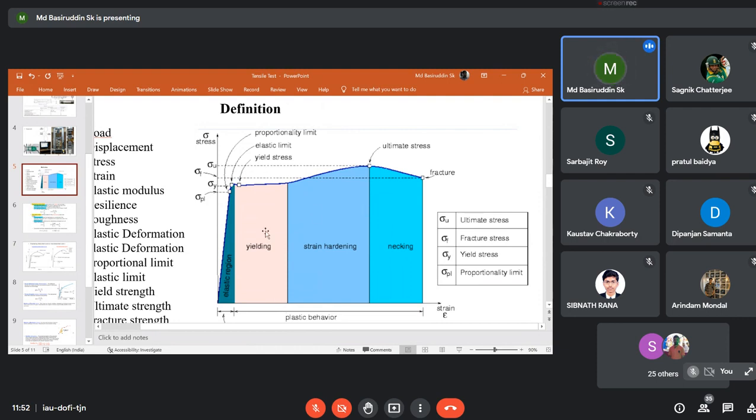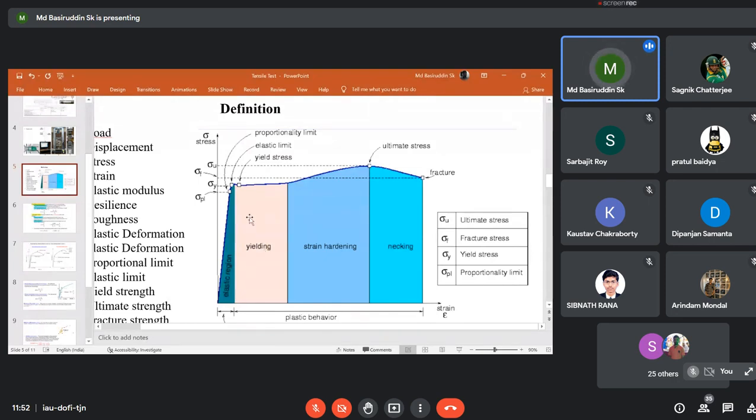Now here you can see that this permanent deformation means up to the ultimate tensile stress level. So you can see that we have separated into two regions: the yielding region and the strain hardening region.